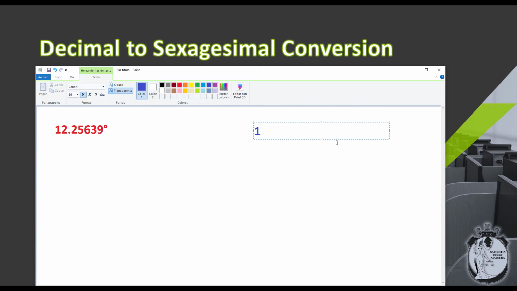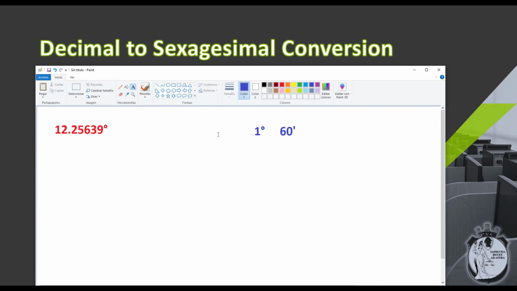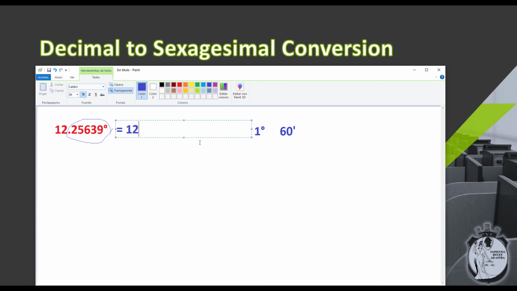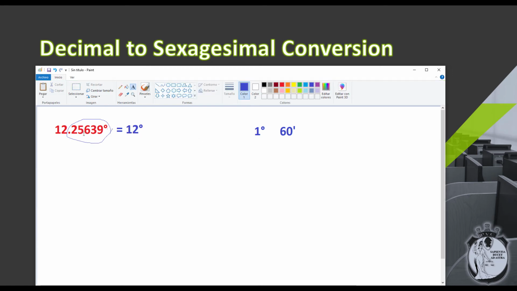Again, 1 degree is equal to 60 minutes. Now, for that conversion, again, you will use only the decimal part. So here it's equal to 12.2563.9 degrees.